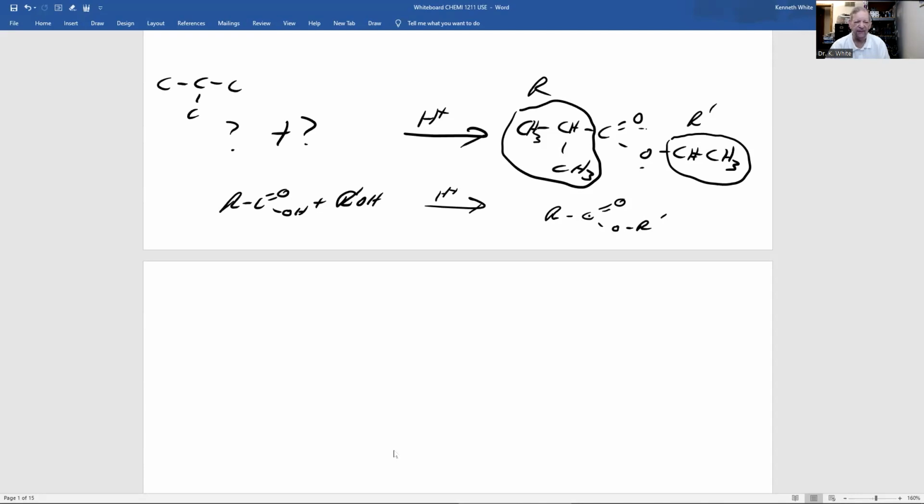Remember, you don't break carbon-carbon single bonds, so that R group is that way, and there are 4 bonds to carbon. So I can put in the hydrogens, and then my R prime, the carbon with the oxygen here, is the carbon in R prime with the hydroxyl group. In this case, 2 carbons is the N carbon, and you get ethanol. And that's how you do a synthesis problem.